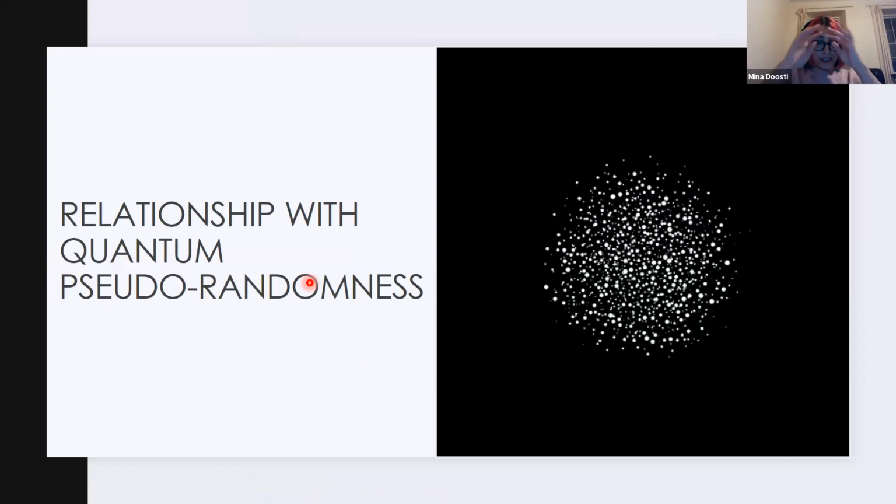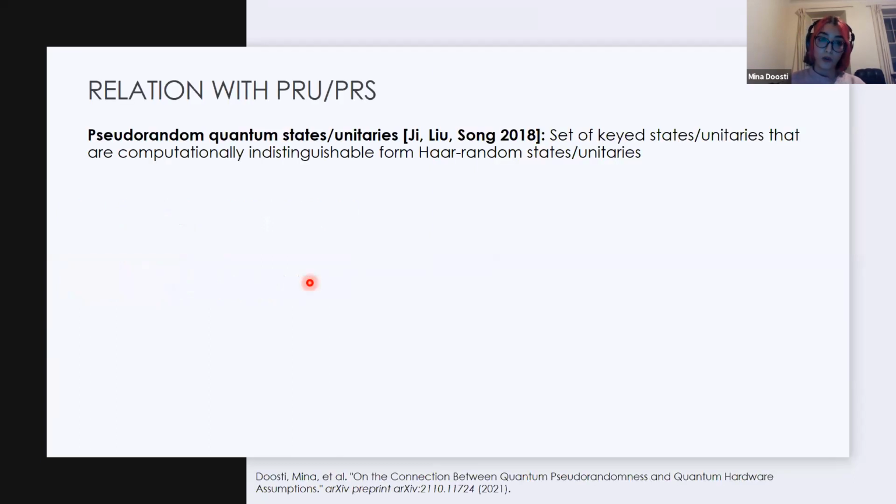And now finally, let's talk about the relationship between quantum PUFs, or the assumptions that we have in quantum PUFs, with pseudorandomness. Pseudorandom quantum states and pseudorandom unitaries are the quantum analog of the pseudorandomness that we have in classical pseudorandom functions or pseudorandom generators.